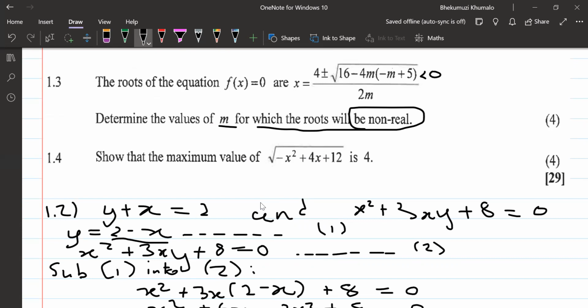But inside the expression itself, what do we have? We have -x squared plus 4x plus 12, which is a quadratic expression, right? If you think of -x squared plus 4x plus 12 as a function, what type of function would that result in?